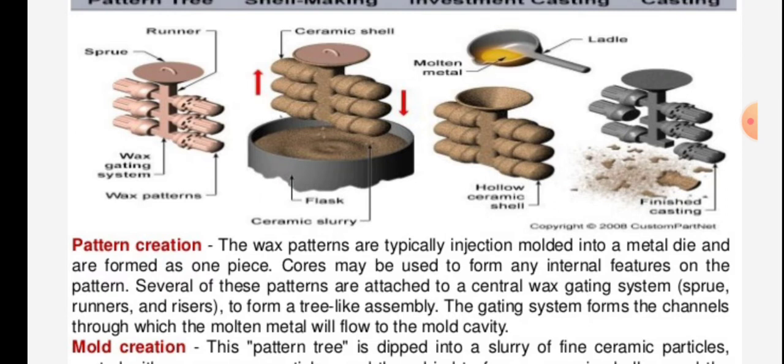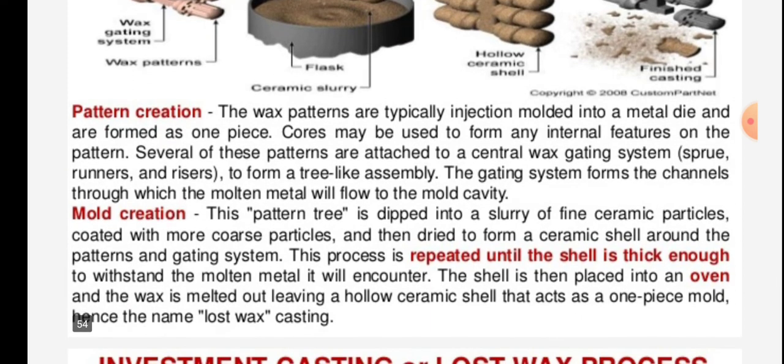In the second figure, the flask, ceramic shell, and ceramic slurry are given. The third one is the hollow ceramic shell. Molten metal is poured into the hollow ceramic shell. And the finished casting is produced as a final product.